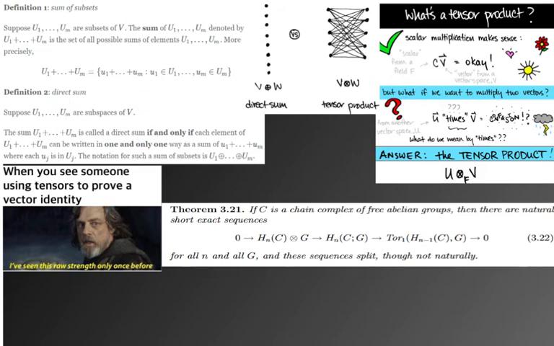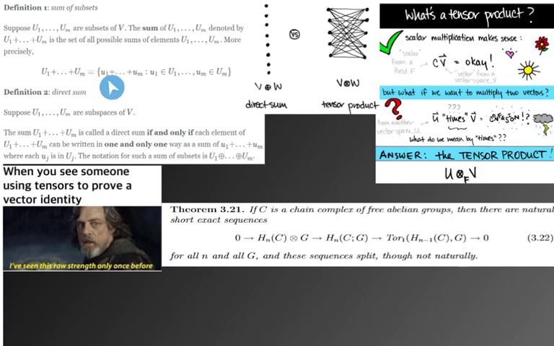So when we talk about linear algebra and subspaces and abstract vector spaces, there is a formal concept called a sum, okay? And then there's something called a direct sum, right? So if you have U1 through UM subsets of some vector space V, the sum of these things, denoted by literally just plus, is the set of all possible sums of elements in U1 through UM.